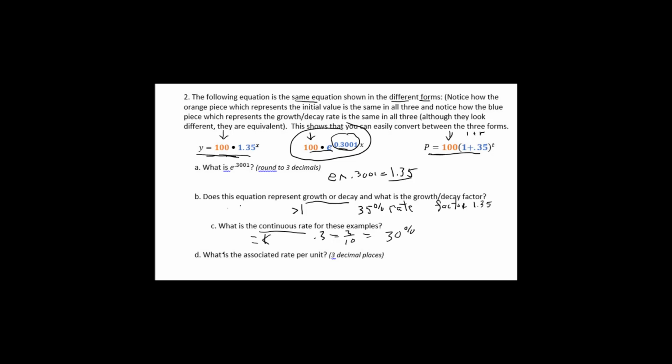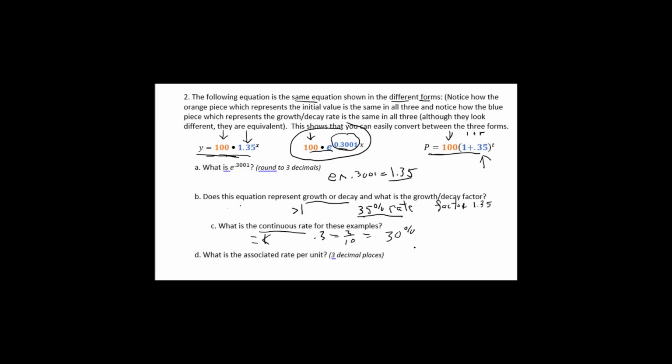What is the associated rate per unit? I kind of already gave it to you here, right? There's the rate. And you can easily get it from this form. And actually, you can easily get it from this form also.